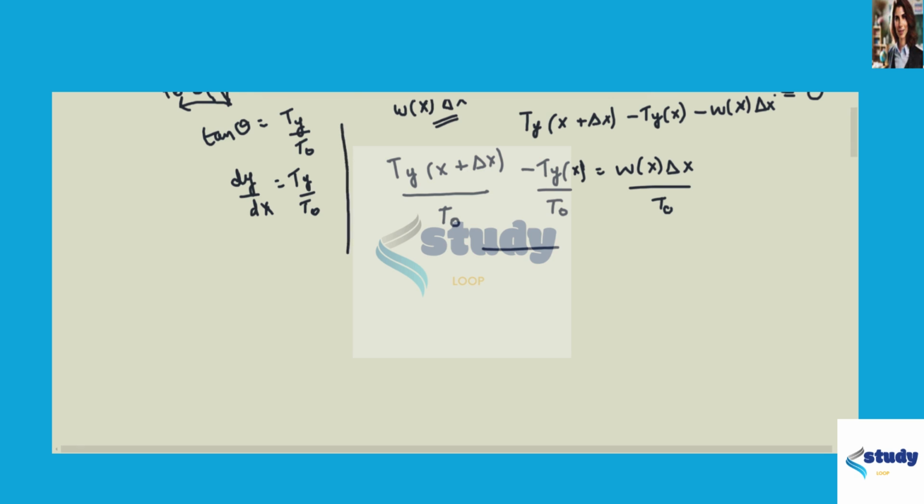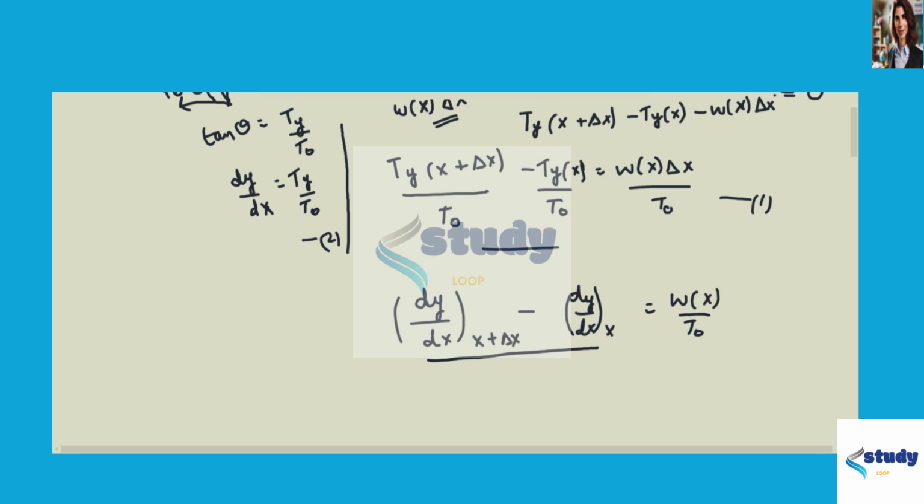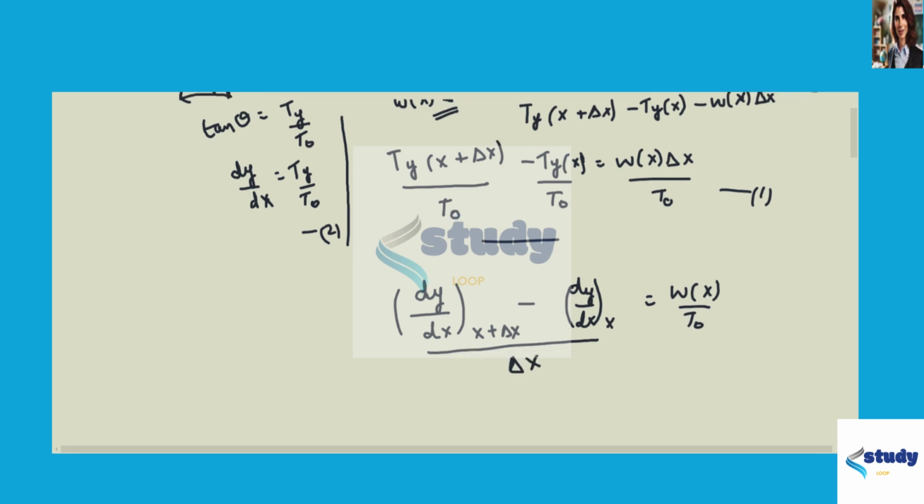Applying equation number 2 into equation number 1, we can see that dy over dx when x is x plus delta x, minus dy over dx at x equal to x, is equal to Wx over T naught, taking delta x to this side, so it becomes like this.